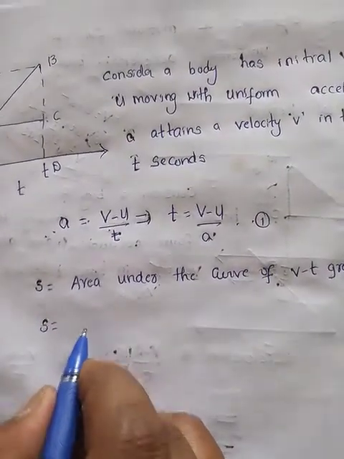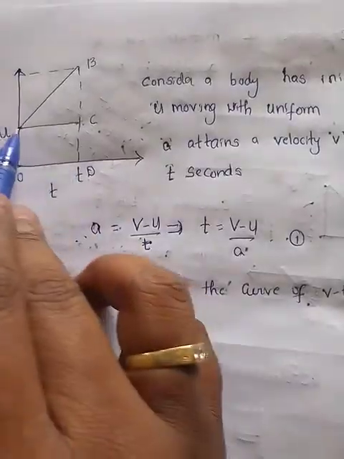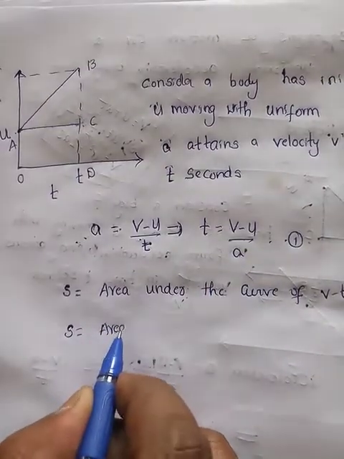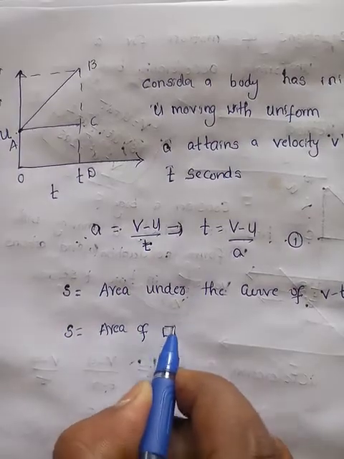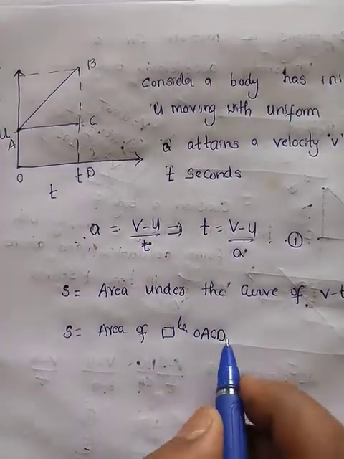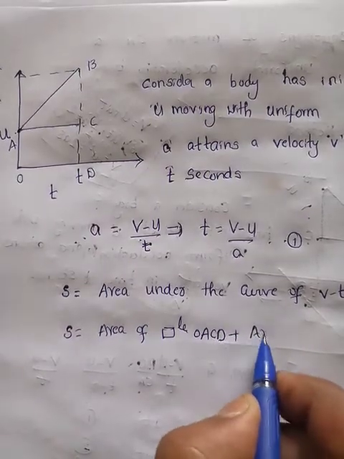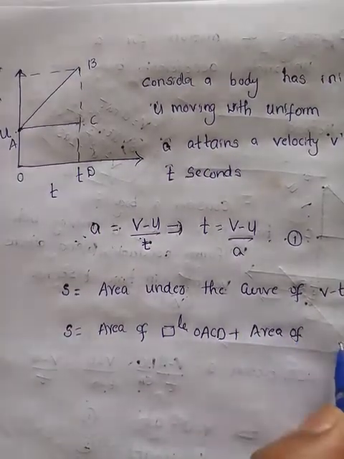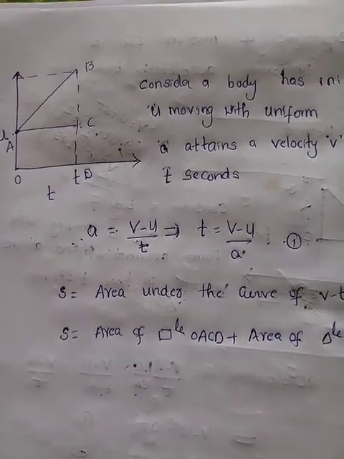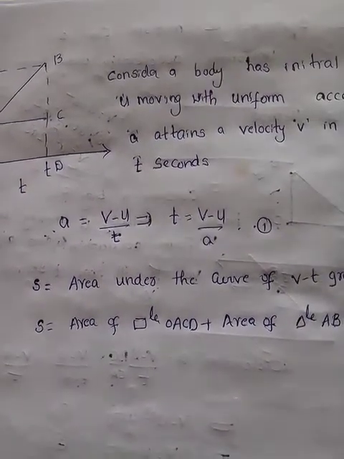It occupies one rectangle and one triangle. So, you can write it as area of rectangle OACD plus area of triangle ABC.